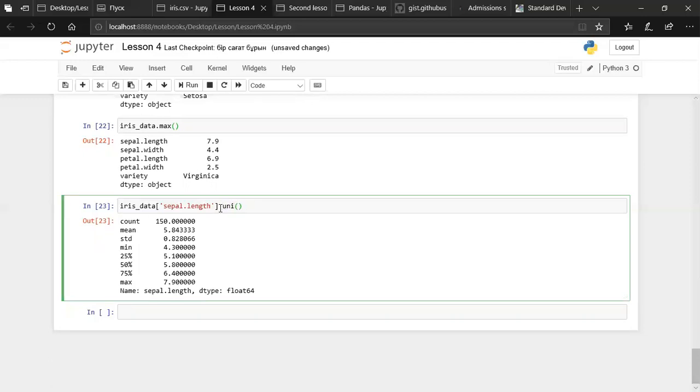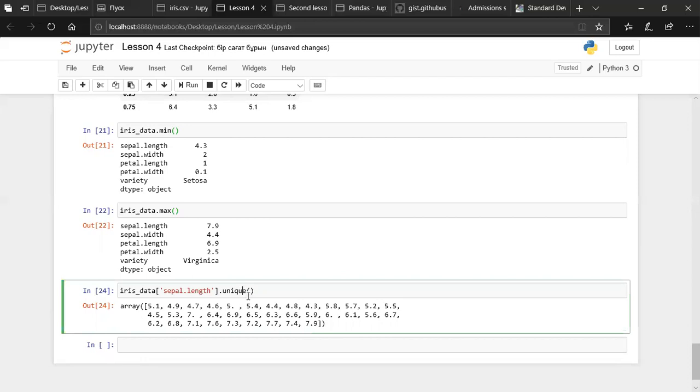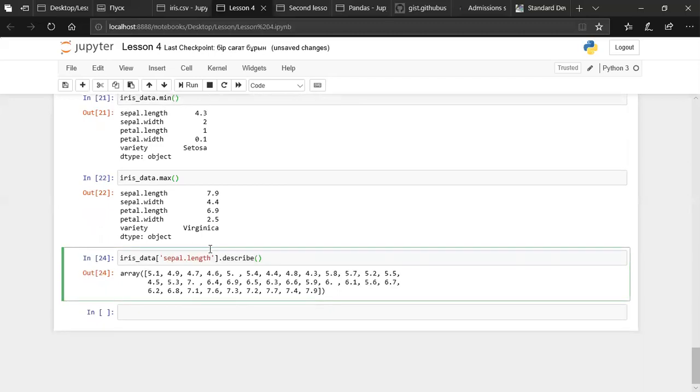Yep. Oh, wait. Can you switch to describe again? Describe. Yeah, and instead of sepal lengths, write species.